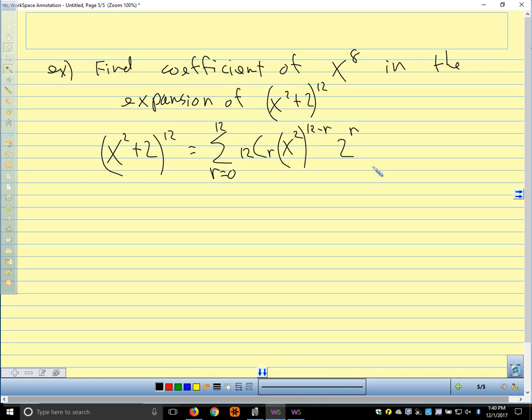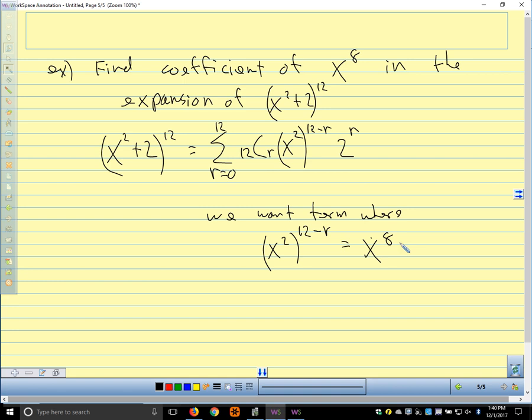So we're looking for the term where (x squared) to the 12 minus r equals x to the 8th.